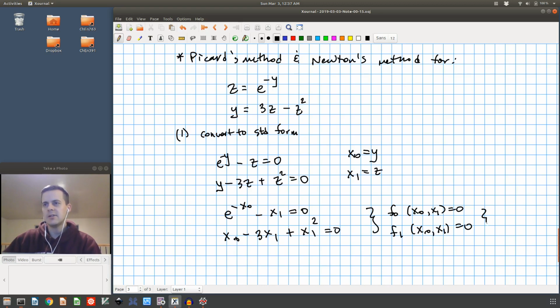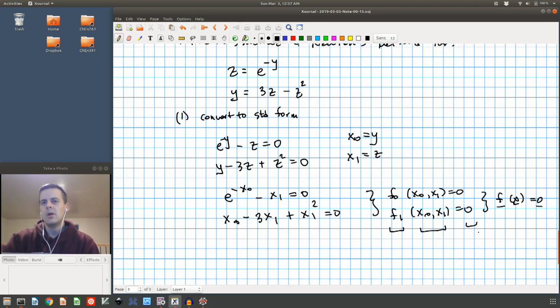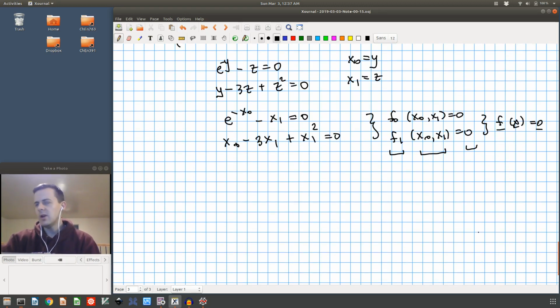That's f of x in vector notation equals 0 in vector notation, where f are these two guys, and then the x are these two guys and zeros right there. So that's my equation.